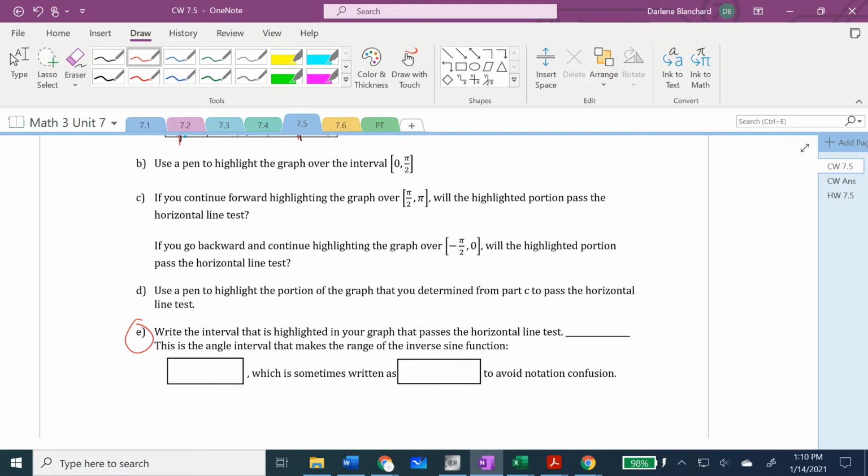But to keep it more general and just have a basic idea, I'm going to say that the highlighted interval is from negative pi over 2 to positive pi over 2 to keep it simple and not worry about the fact that technically the endpoints aren't in the angle range. You're not going to need to worry about that.